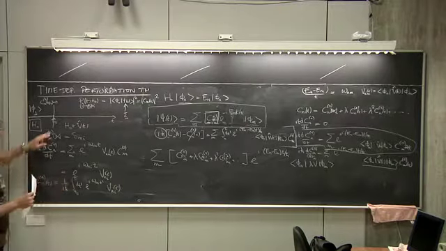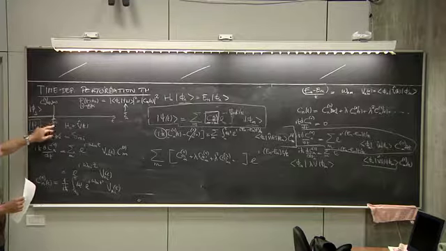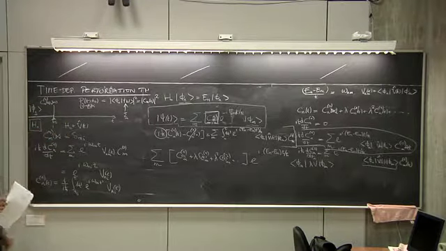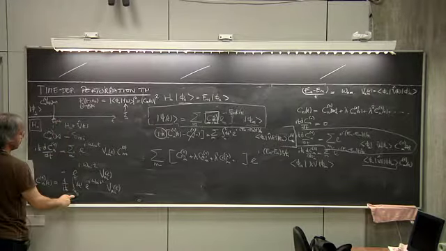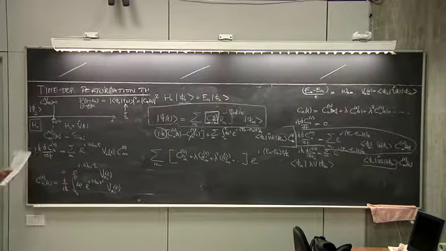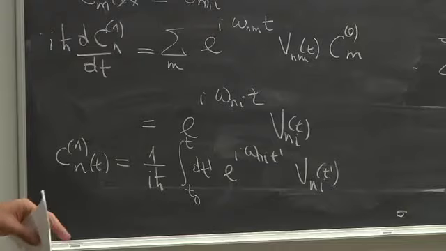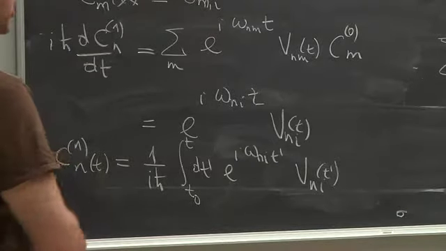T0 to t. So in general, I call T0 the time at which I turn on the perturbation. I could take this to be 0, and then it would be from 0 to t. Maybe this is a better thing. Okay. So what is the probability now? The probability is the modulus square of this. Okay.